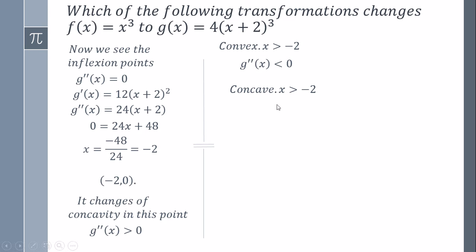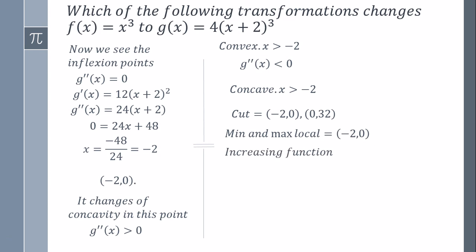So when x is smaller than minus 2, it's going to be concave. So we have a summary: the cuts, the minimum and maximum local. We know that this is an increasing function, the domain is all the numbers, the range as well. When x is larger than minus 2 it is convex, when x is smaller than minus 2 it is concave.